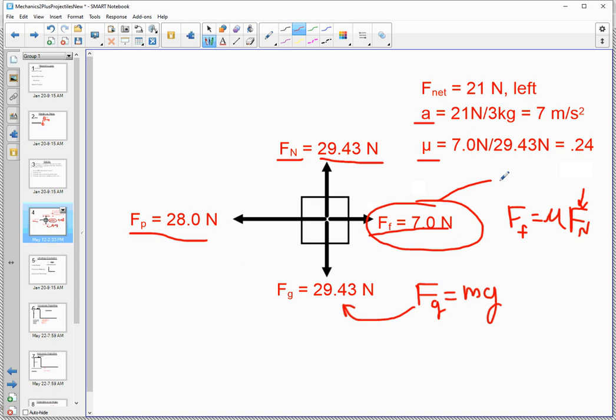And we know the force of friction is 7 newtons. That's what you would put in there. And you would divide Ff divided by Fn. And that will give you the coefficient of friction. Remember, since you're taking a force and dividing by a force, the units are going to be newtons over newtons, which is nothing. There are 2 numbers in the course without units. That would be coefficient of friction and index of refraction when we get to waves.